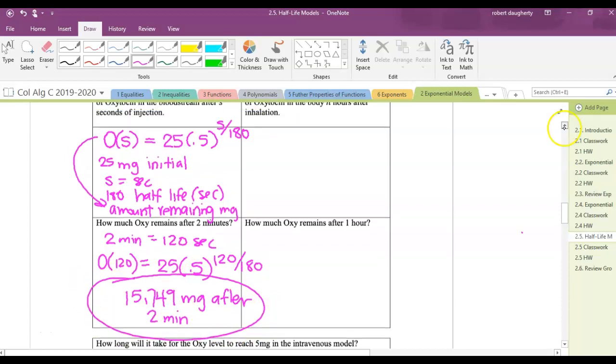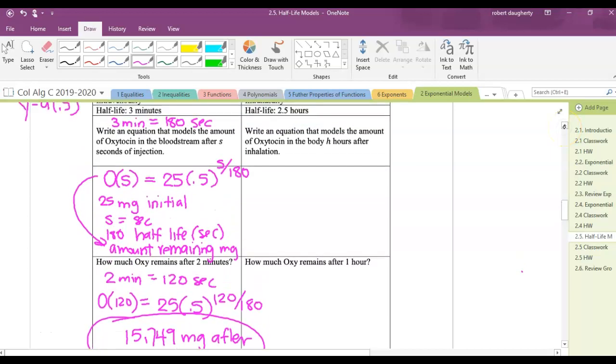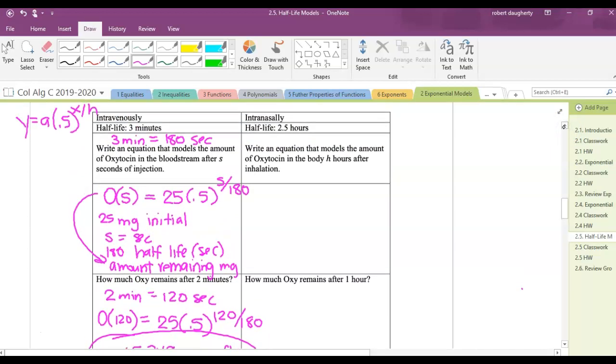Now, that was in the bloodstream. If it has gone through a nasal inhaler, the half-life is 2.5 hours. Write an equation that models in terms of hours, okay? So the amount of oxy measured in hours is going to be still that initial dosage, 25 milligrams, 0.5. Well, the half-life is 2.5 hours, so it's going to be H over 2.5. Let me back up.